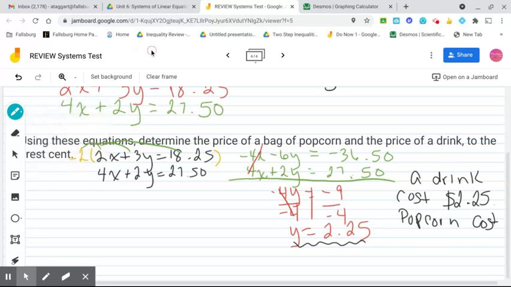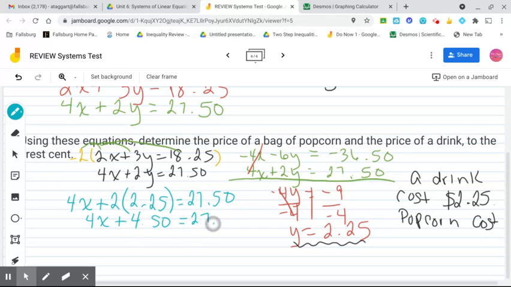So I'm going to choose this one, 4X plus 2Y, but instead of that Y, I'm going to put 2.25, and that should be equal to 27.50. So now I'm going to go ahead and solve for X. So I have 4X plus 4.50 equals 27.50.